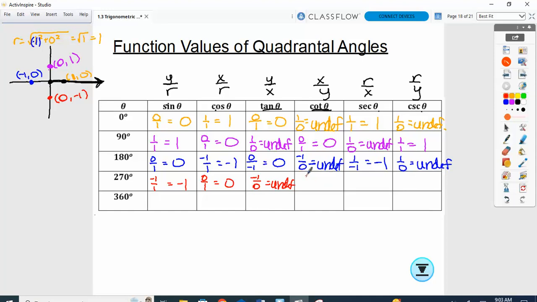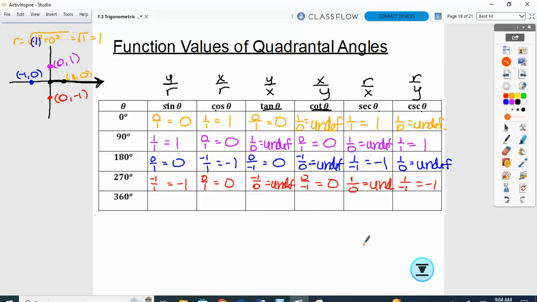Cotangent is x divided by y, so 0 divided by -1 is 0. Secant is r divided by x, undefined. And cosecant is r divided by y, which is -1.